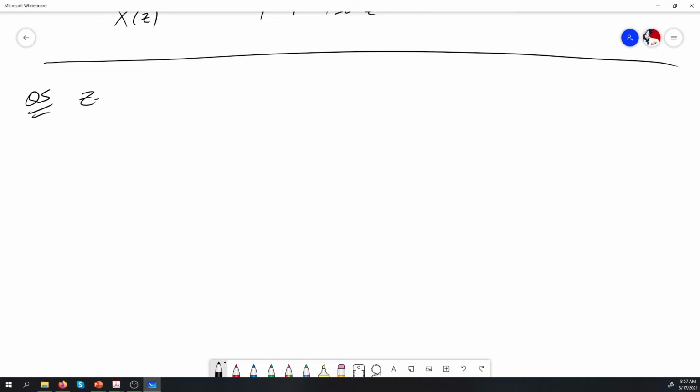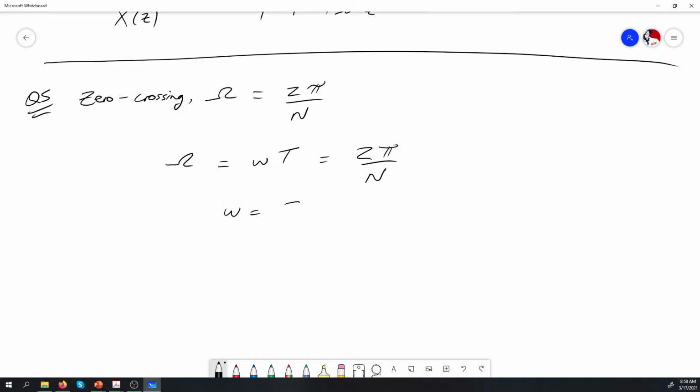So our zero crossing is given by capital omega here, which is 2 pi divided by N. And we know capital omega is the function of common omega multiplied by the sampling time, which is going to be 2 pi divided by N. So we can make common omega the subject of the formula, which is going to be 2 pi divided by NT.